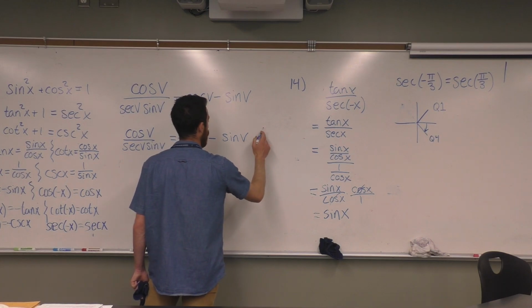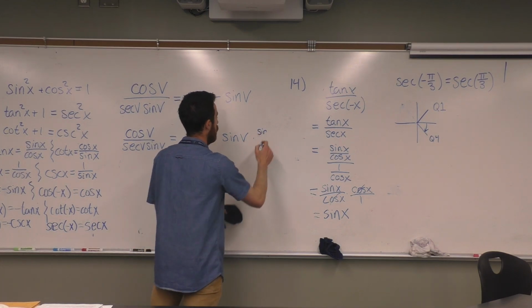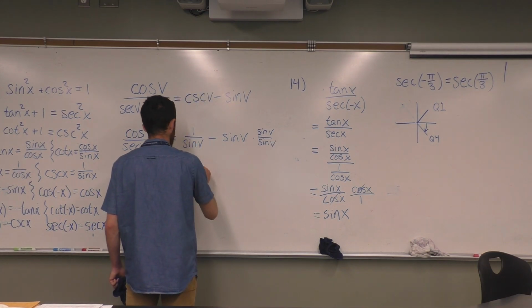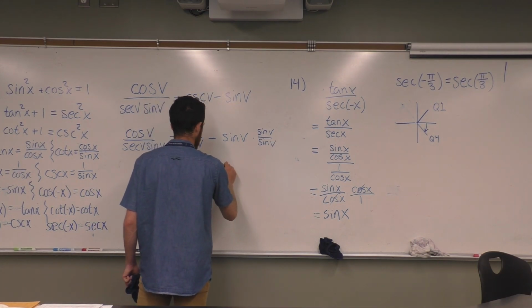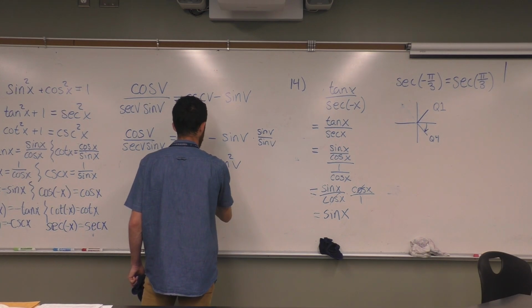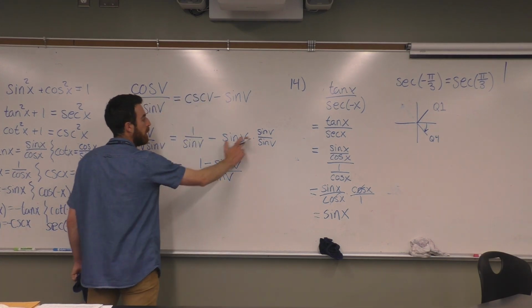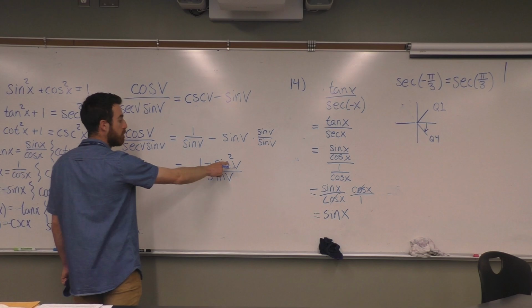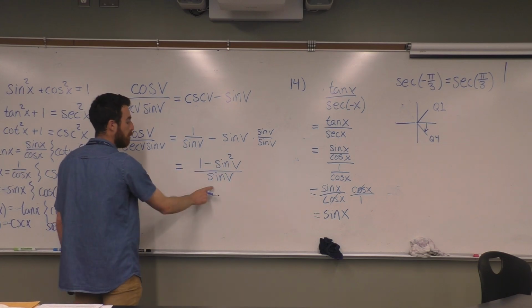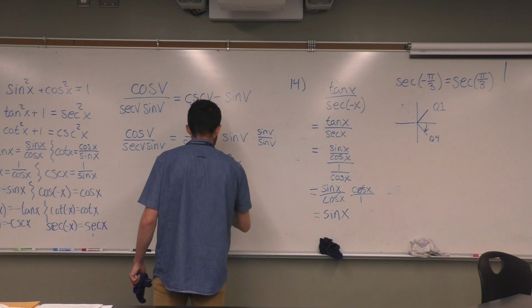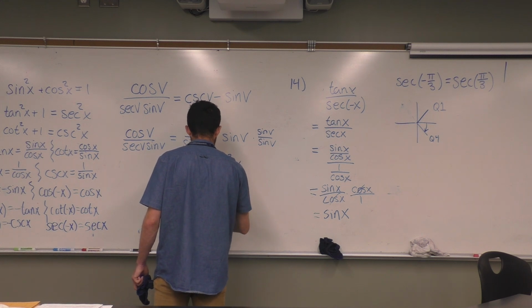I'll multiply by sine of v over sine of v. And I get, if I may skip that singular step, sine of v times sine of v over sine of v is sine squared of v. But now that I have a common denominator, they can be combined. And that's equal to now cosine squared of v over sine of v.